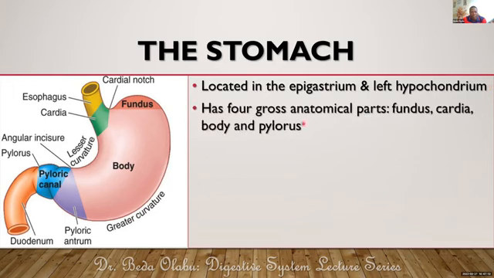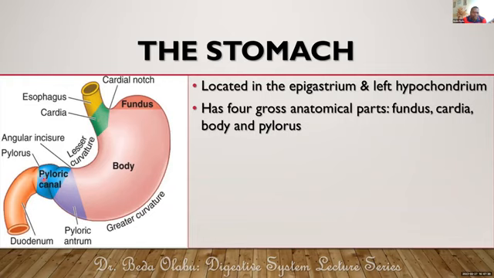In terms of gross anatomical parts, we usually describe it as having four. The fundus is the region of the stomach that extends above the level of the esophageal opening. The body is the larger part of the stomach, basically. The cardia is the region of the stomach around the esophageal opening.